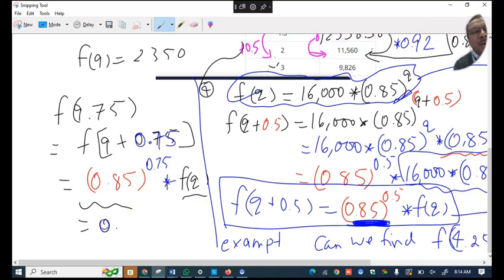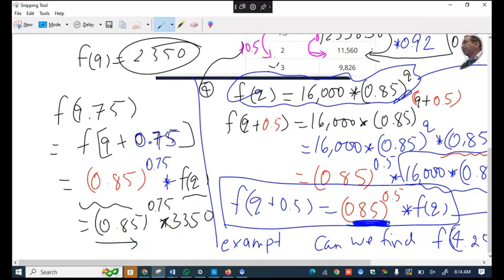So that means 0.85 raised to 0.75 times 2,350. Put it on the calculator and you can get the answer. Got it?